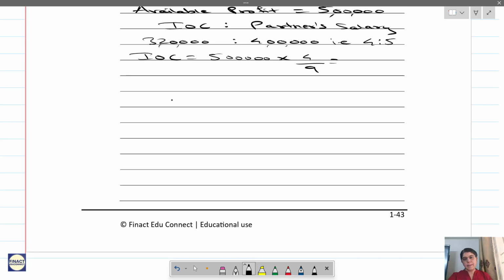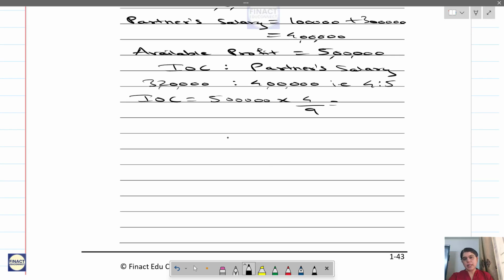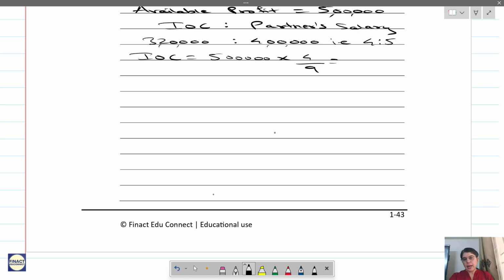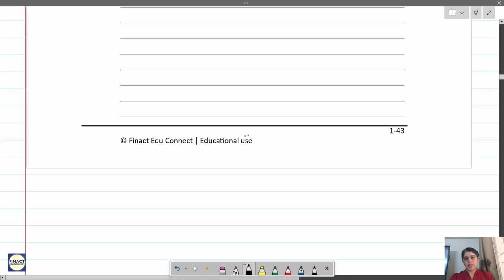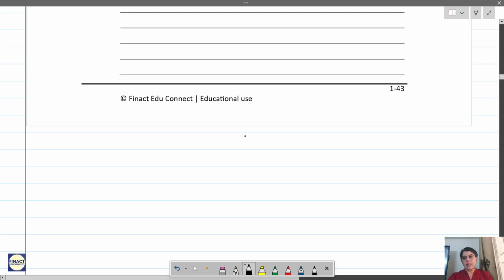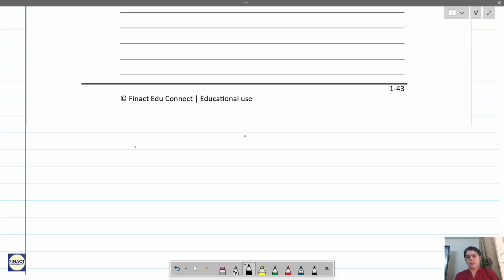Once you calculate this, we leave some lines because we are going to calculate the ratio for each partner also over here. Then in the next page, page number 1.44, you can calculate how much is the partner's salary.